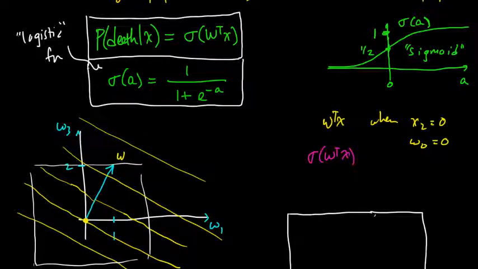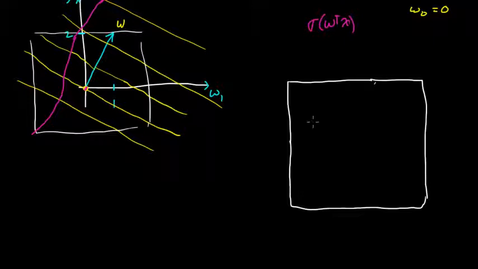It's going to be getting close to 0 down here. And then it's going to increase, and it's going to be going through a half right at this point. I'm drawing a line coming out of the page. And then it's going to be getting closer to 1 as x gets bigger. So let me try to draw that, what I was doing here in 3 dimensions.